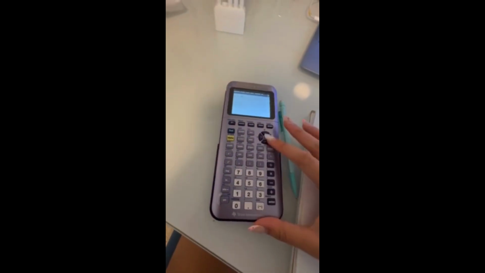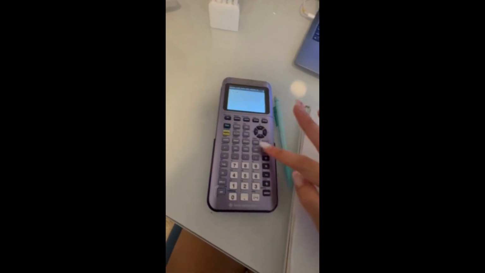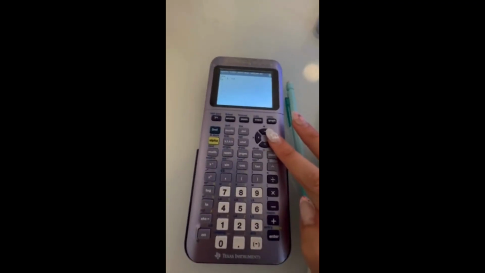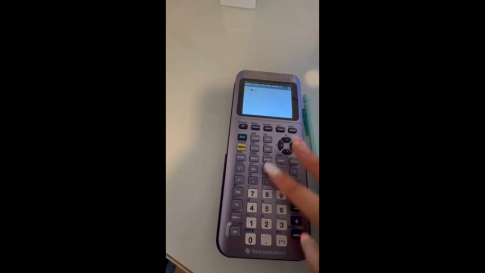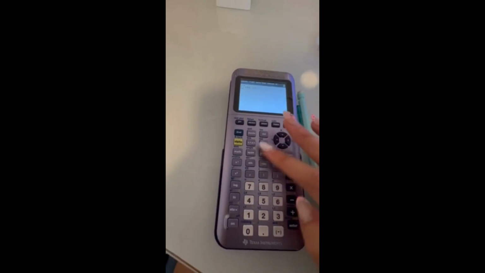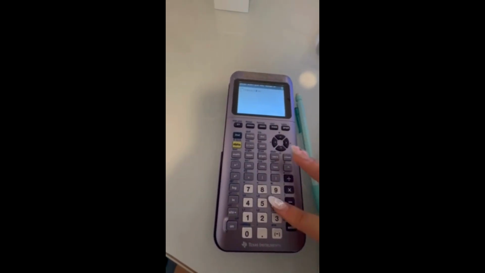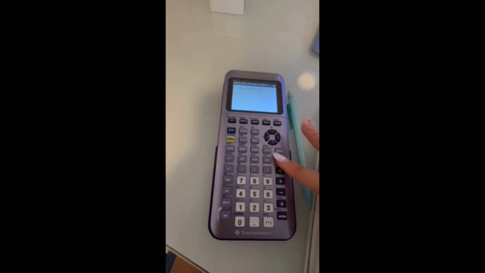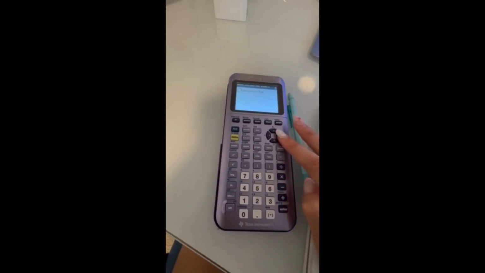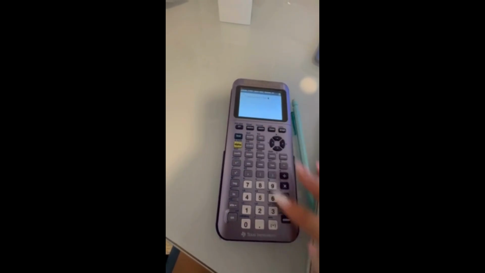I'm going to start with 0 to 2 pi, and we are going to do 6 cosine 6 theta squared d theta.